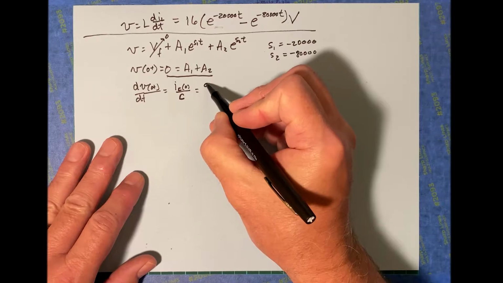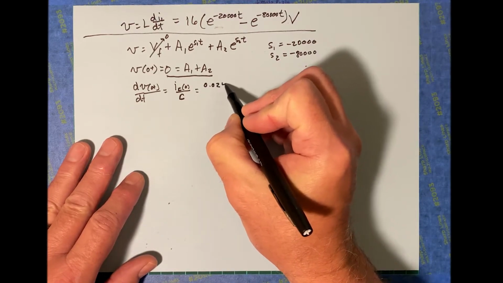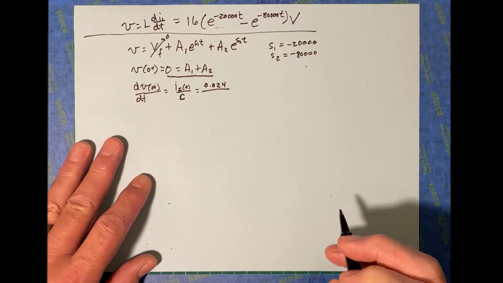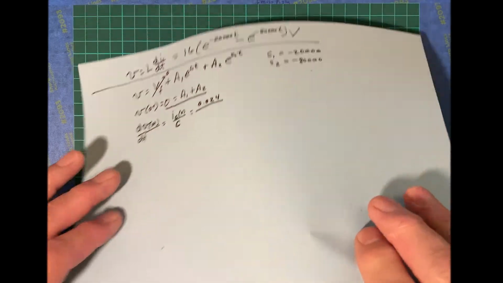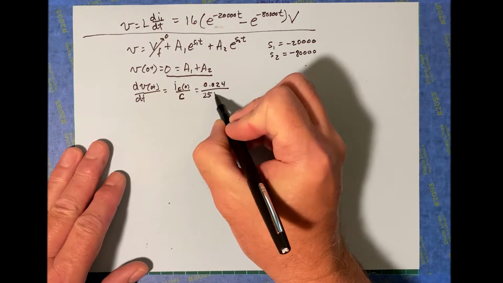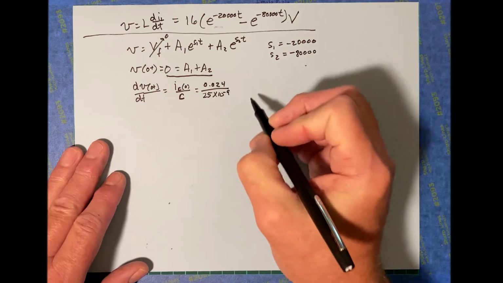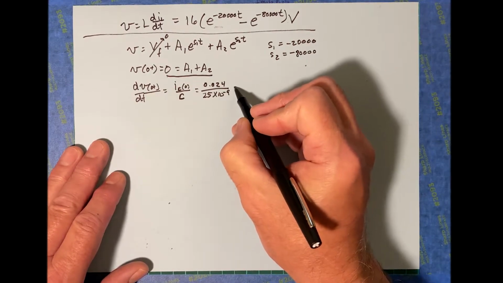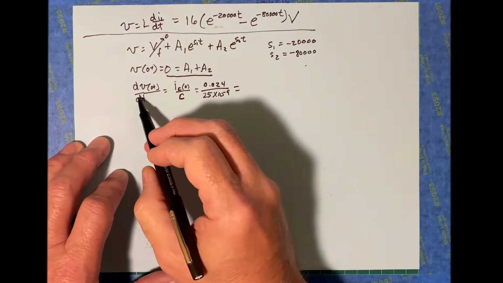So that's going to be 0.024 divided by our C value, and let's see, what was our C value? 25 nano. So this is going to be 25 times 10 to the negative 9. All right, and that is equal to the derivative.